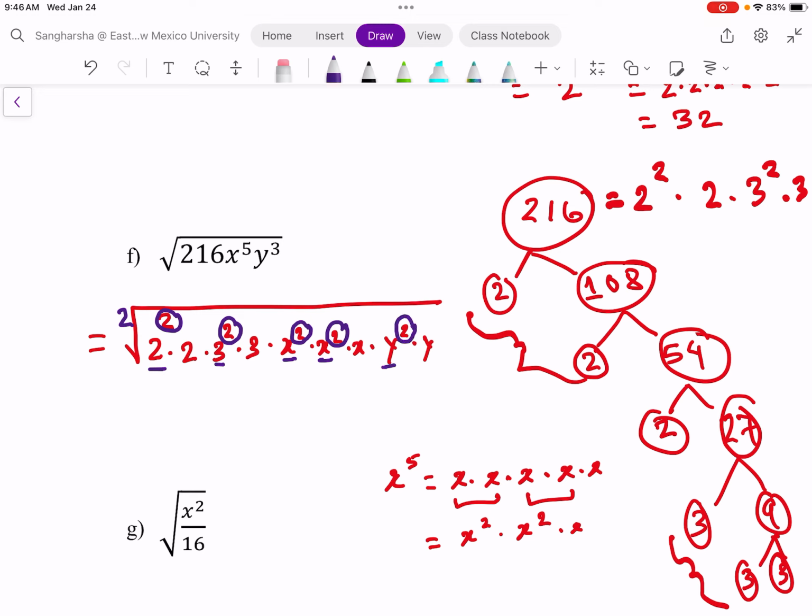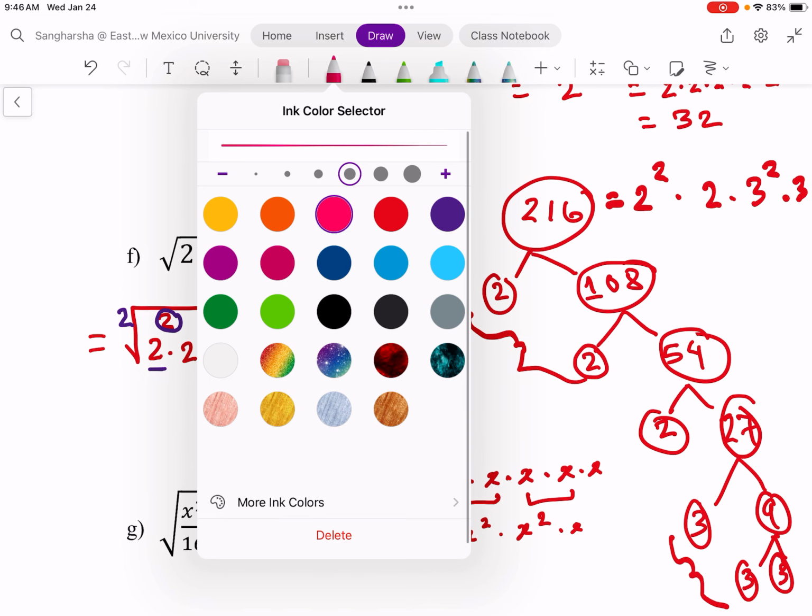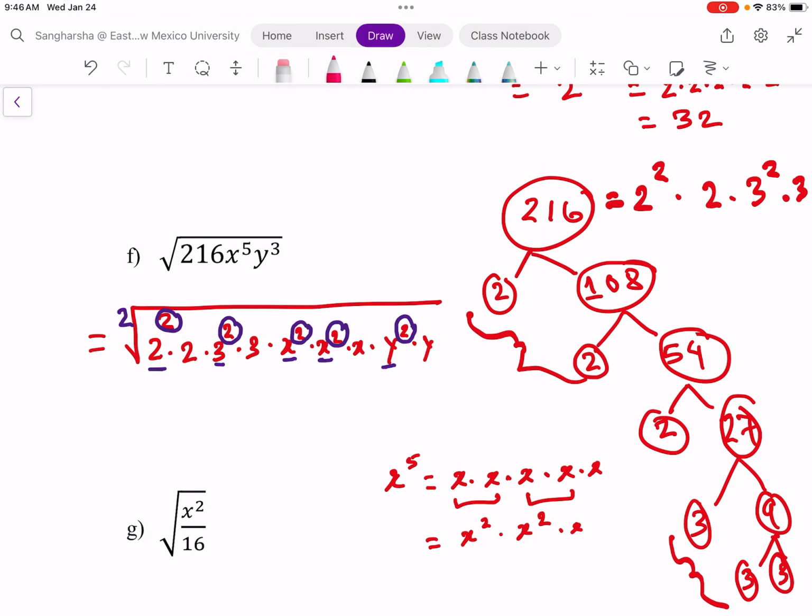Now we take all these factors having exponent the same as the index outside the radical sign. So we write down this 2, this 3 times 3, this x times x, this x times x, and this y times y outside the radical sign.